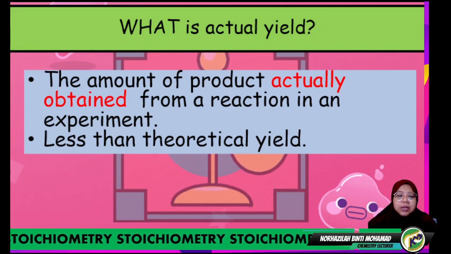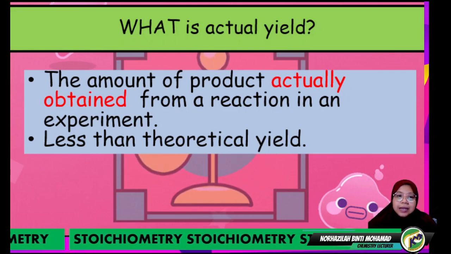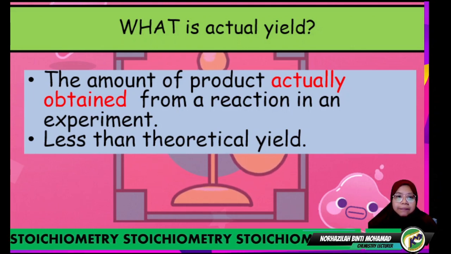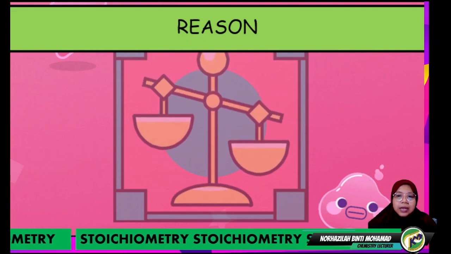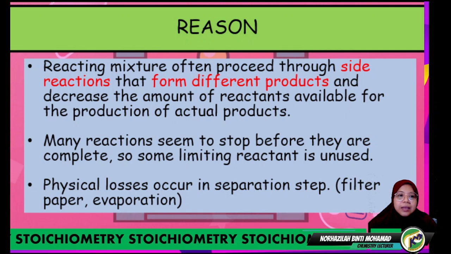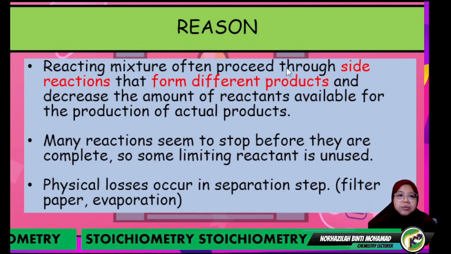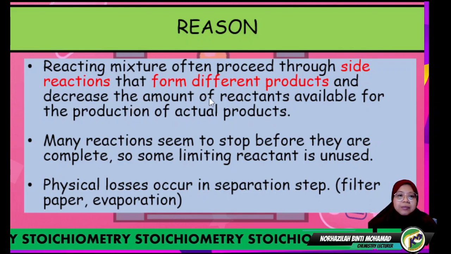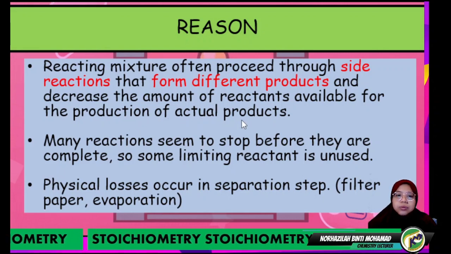So usually the amount of product of actual yield is less than theoretical yield. Why does this happen? It is because there are three reasons why the actual yield is less than theoretical yield. The first one is the reacting mixture often proceeds through side reactions that form different products and decrease the amount of reactant available for the production of the actual product.